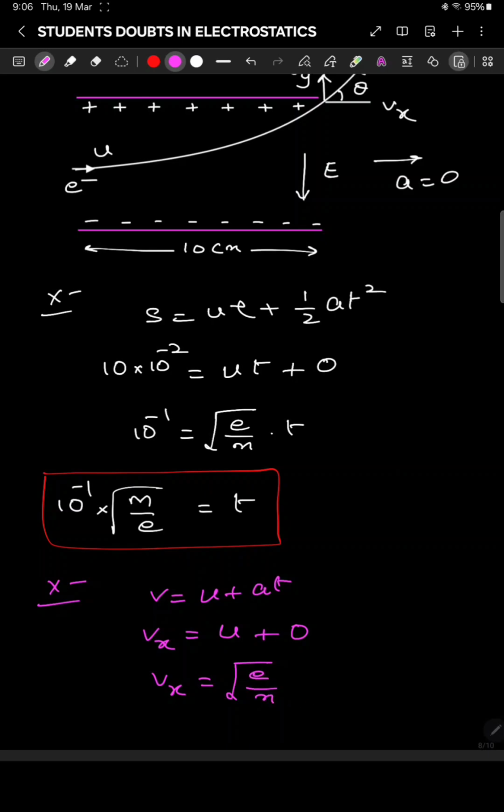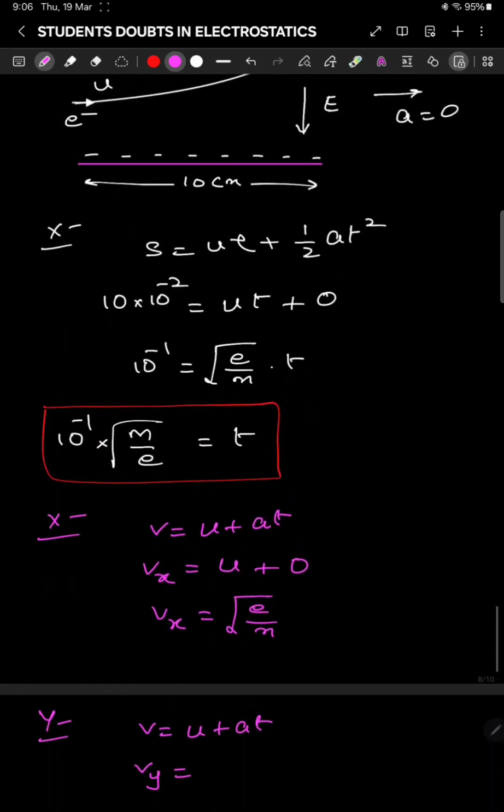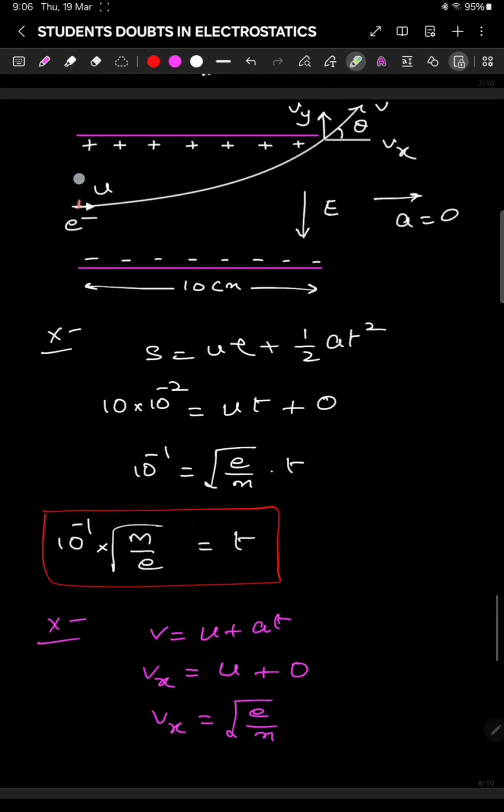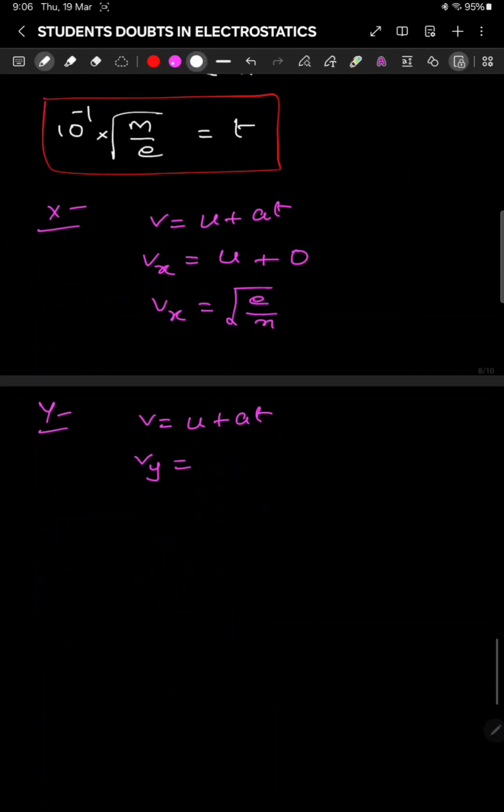Similarly, let us find the Vy value. Along the y-axis, apply V equal to u plus at. Velocity along the y-axis, Vy, equals the initial velocity along the y-axis. In this direction no velocity was given, so the initial velocity along the y-axis is 0.